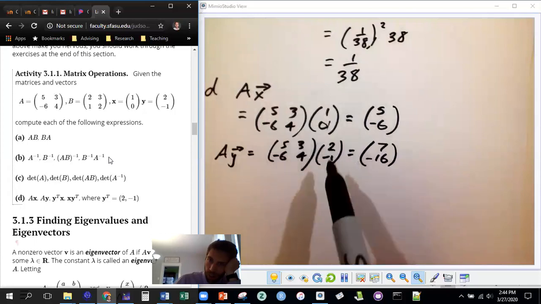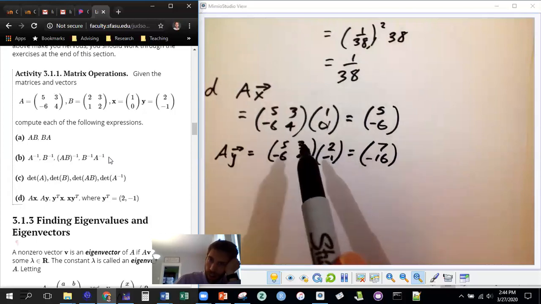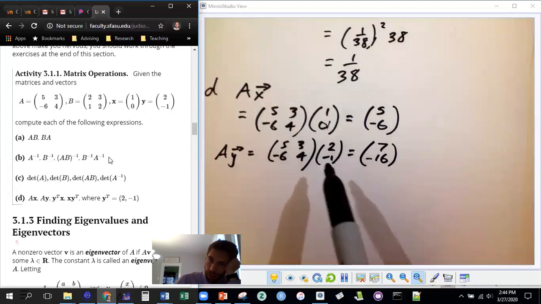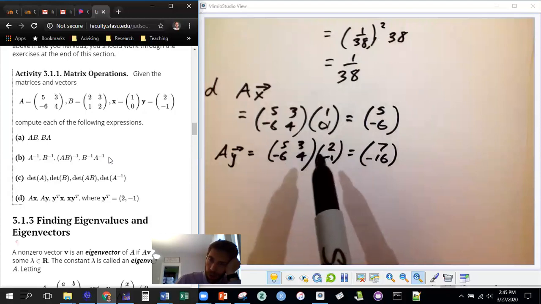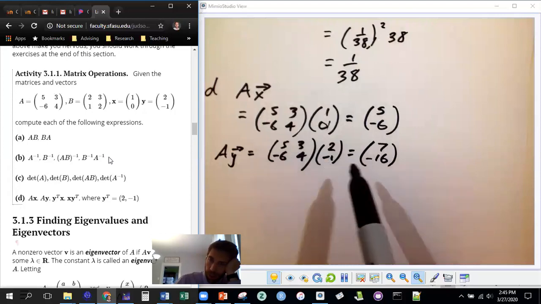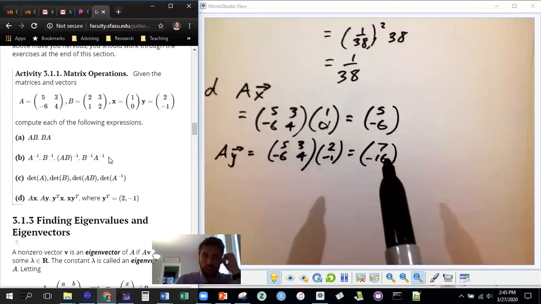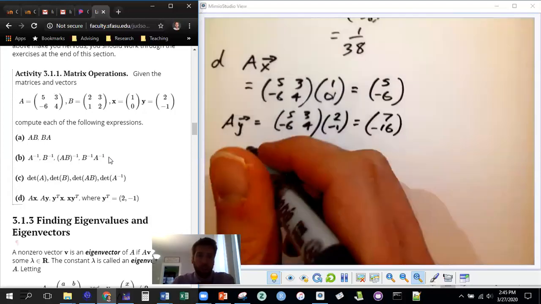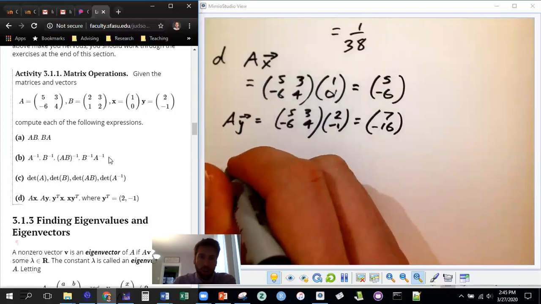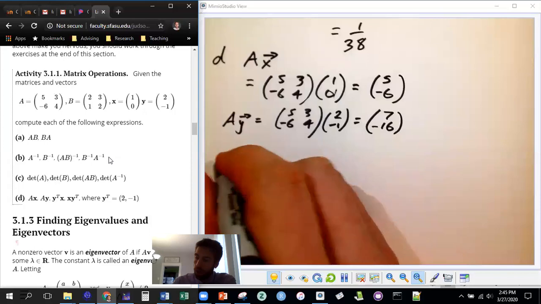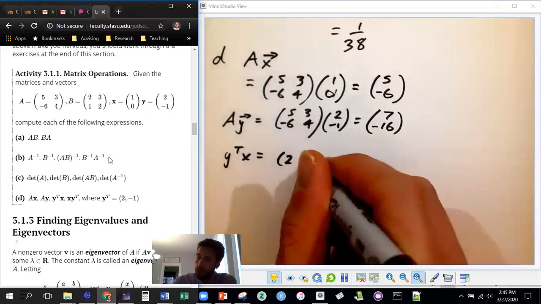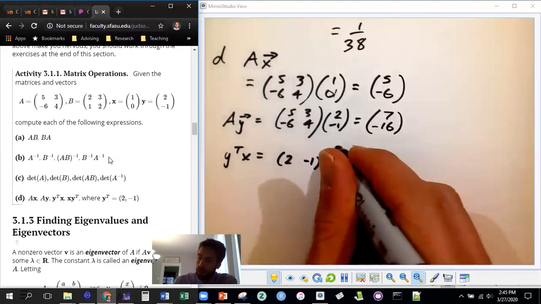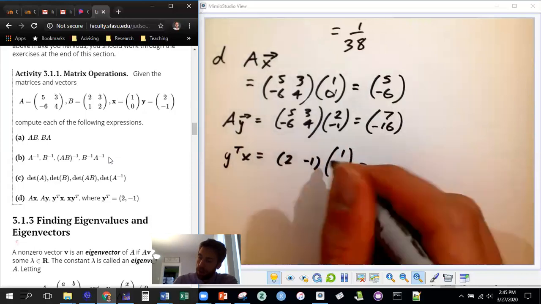So row times column, so 5 times 2 is 10, 3 times -1 is -3, so 10 minus 3 is 7. And then row times column, so -6 times 2 is -12, 4 times -1 is -4, add them together, you get -16. Okay, now Y transpose times X, so Y transpose, that little t there, right? Y transpose is 2, -1, times X, which is 1, 0. So row times column is 2.